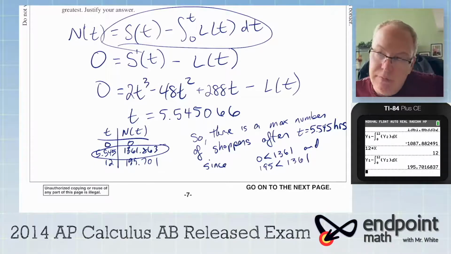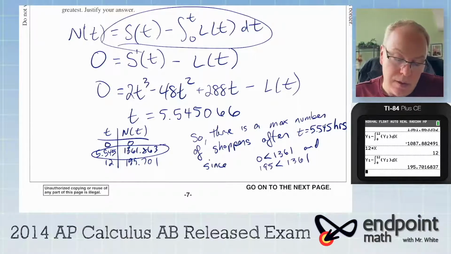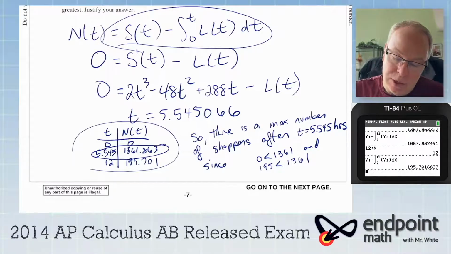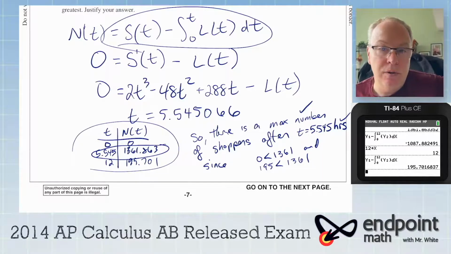All right, so the justification on the rubric is really they're using this table to show that, and then you just have to really spell out what your answer is, and make sure you have your units there in the end. That's really important.